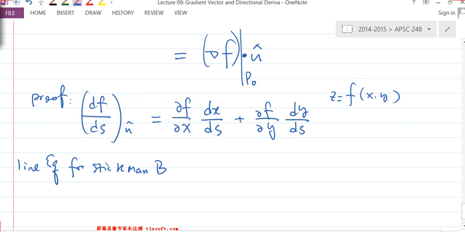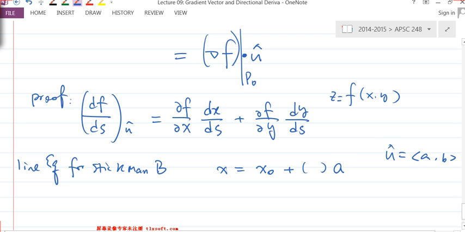What's the line equation for stickman B? x equals a point it passes through, plus a parameter times a, because the line is parallel to u hat.